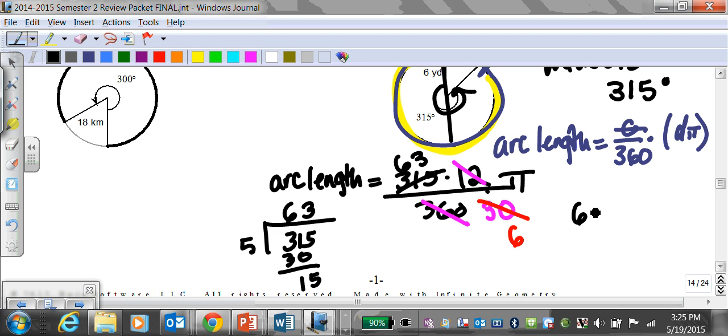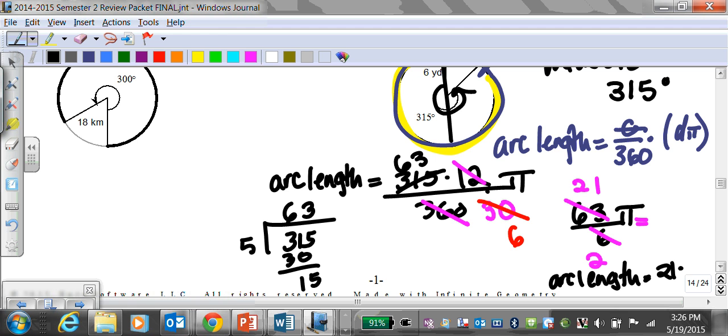So I have 63 over 6 pi, and I'm pretty sure 3 goes into both. It does. So 3 goes in here twice. 3 goes in there 21 times. So your final answer, if you hack it all the way down for arc length, is going to be 21 pi over 2.